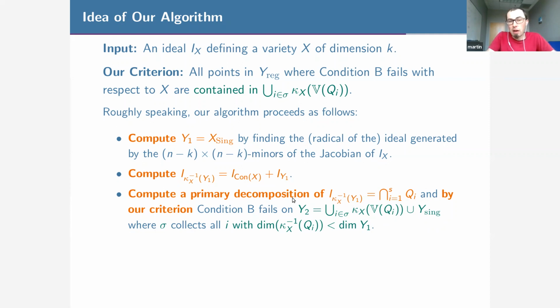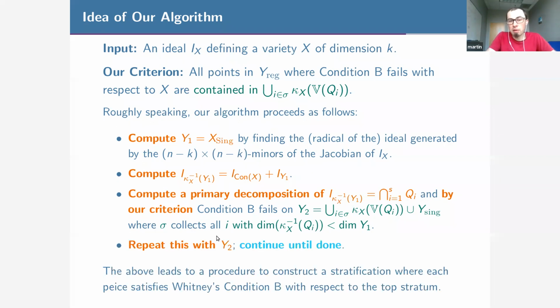And then you just repeat this again with Y2. You have to drop dimension by at least 1 because singular loci always have strictly less dimension than the ambient space. So you will eventually run out of places to go, and that will be your stratification.